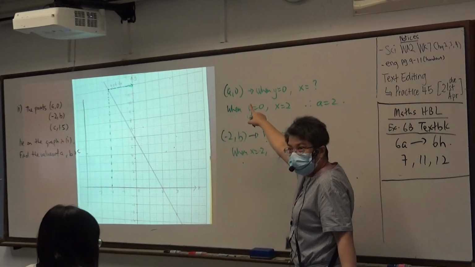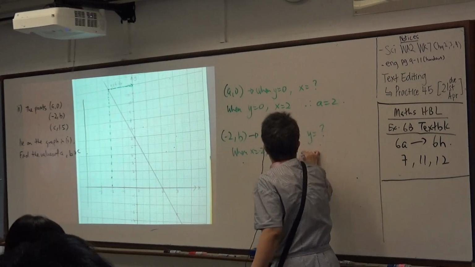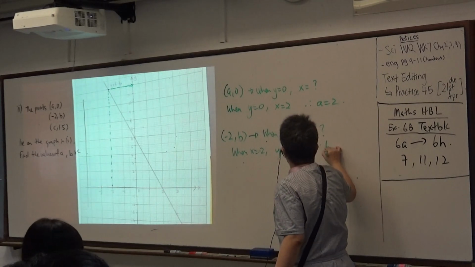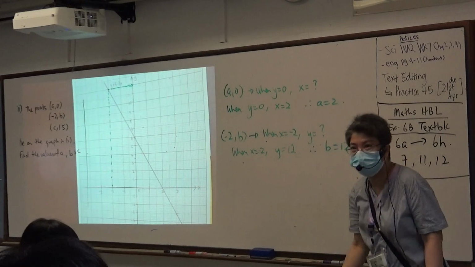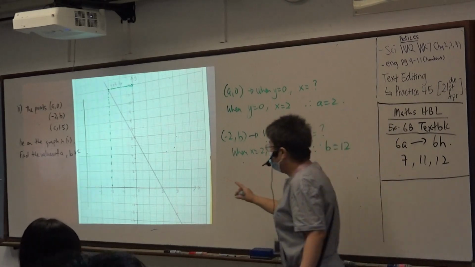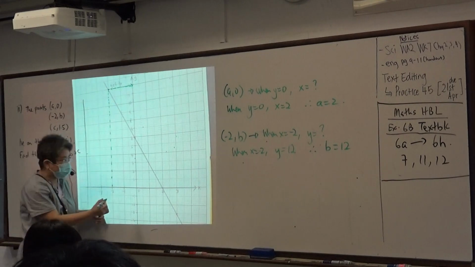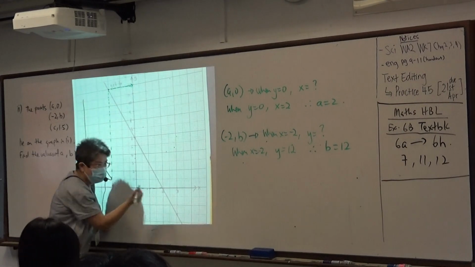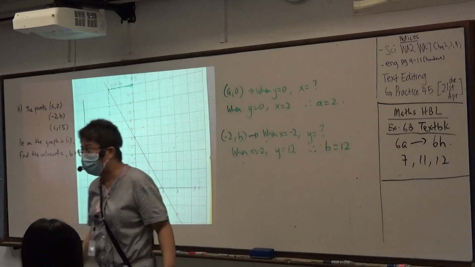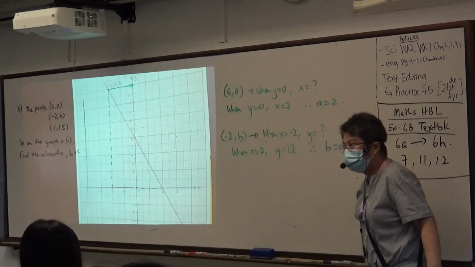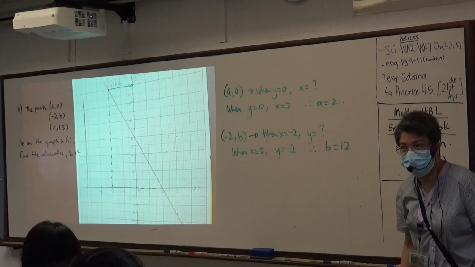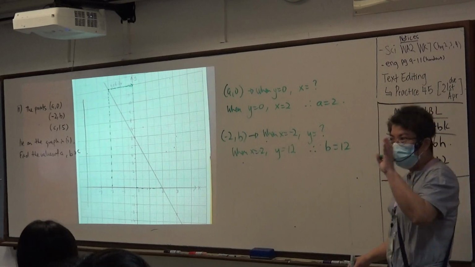Can you see it's 12? Therefore, my B is 12. You must draw the dotted line. You will ask me, how come just now you never drew dotted? You can also draw dotted, but it will coincide with your x-axis, so there's no need to draw. Everybody clear? Okay, now hold first, the last one.